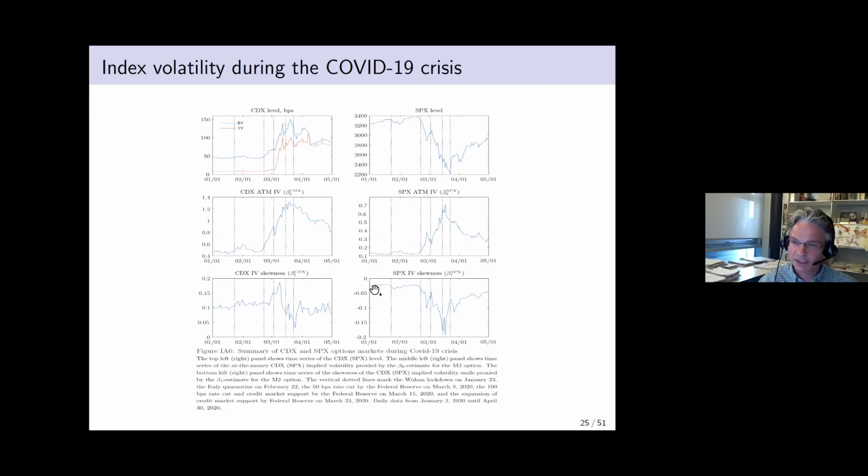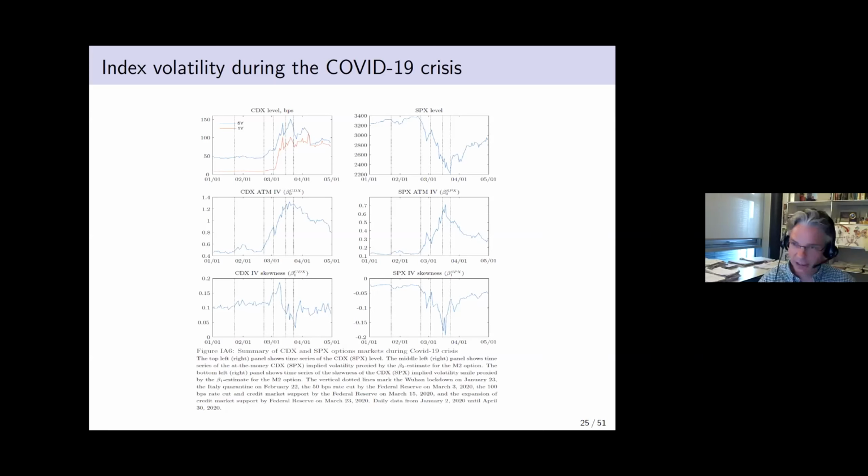You can see that on the S&P, the index became a lot more negatively skewed, as you would expect if out-of-the-money puts become a lot more expensive and the crash probability increases. But what's interesting is you can start to see a different picture on the credit side. At the beginning, the credit spread skewness widened, became more positive. That's what you would expect, because on the credit side we're talking about a credit spread option, which will pay off when credit spreads widen tremendously.